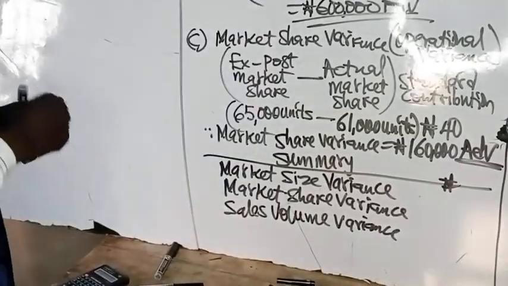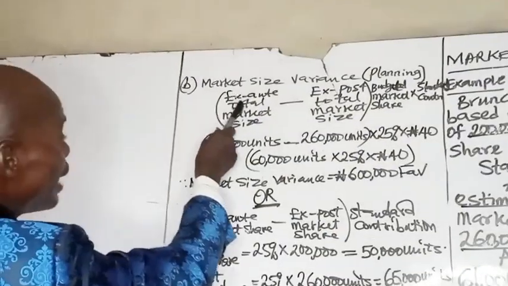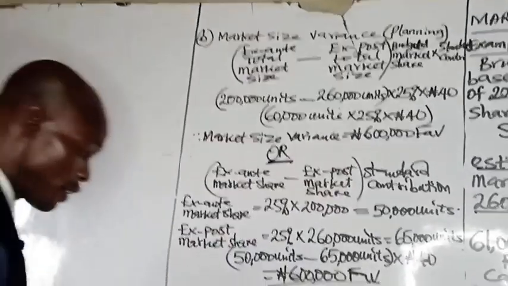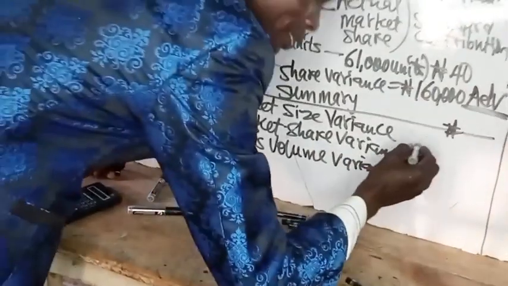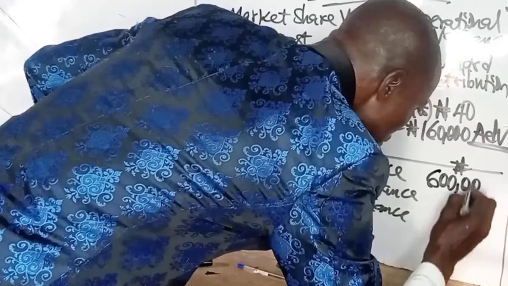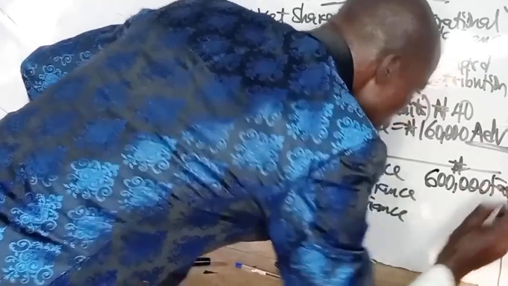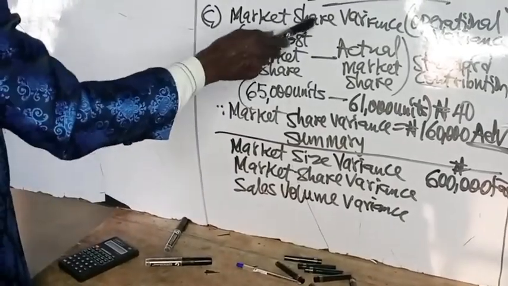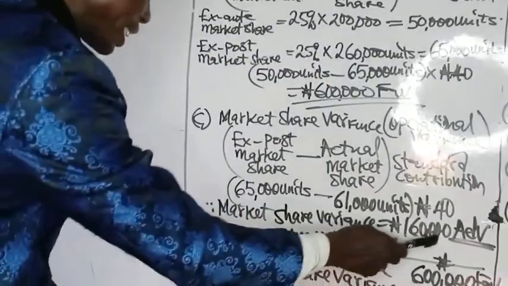Our market size variance was 600,000 favorable. Then the market share variance is 160,000 adverse.